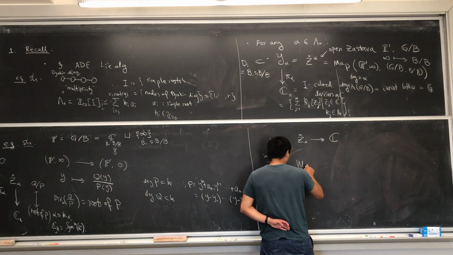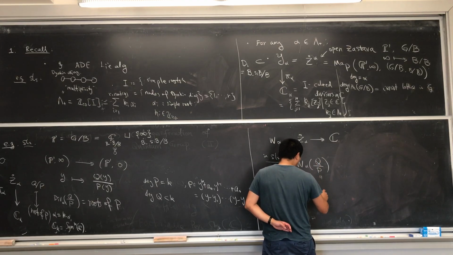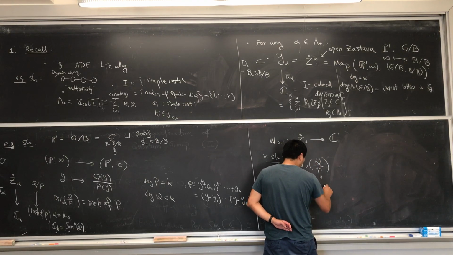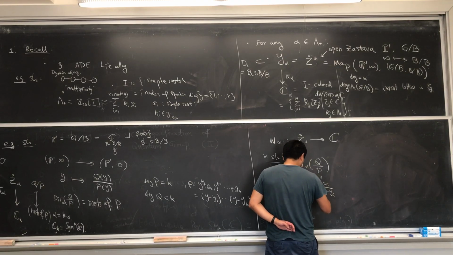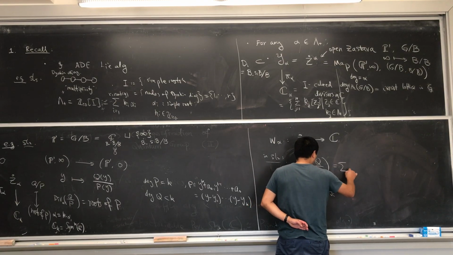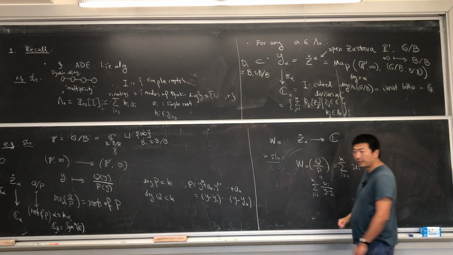So W alpha sends Q mod P to, if Q mod P is of the form the sum of u_i over (y - y_i), i from 1 to k, then this is just the sum of the u_i.